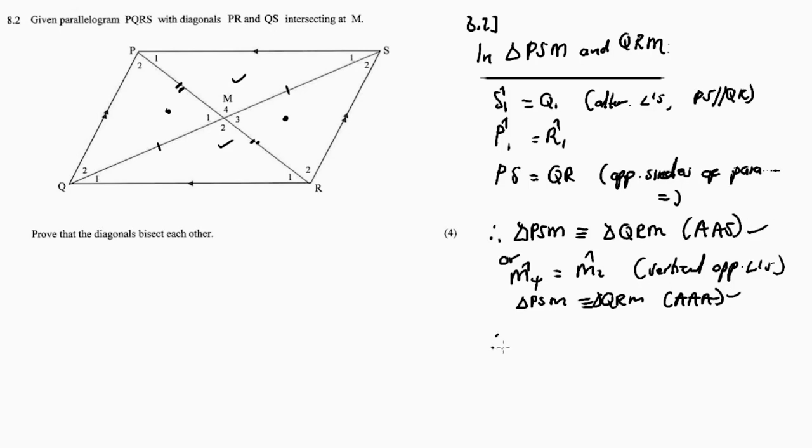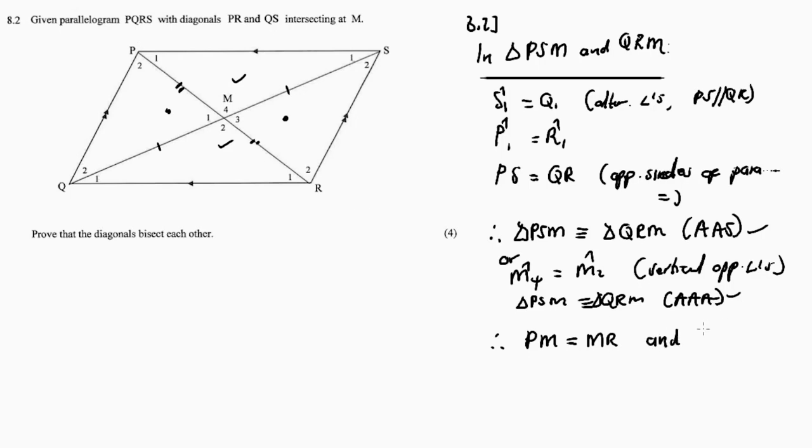Therefore, the conclusion is that PM, since congruency means what? The triangles are equal in every respect: same angles, same lengths of sides. So therefore, PM will be equal to MR. Therefore PM equals MR, it means the diagonal is bisected.